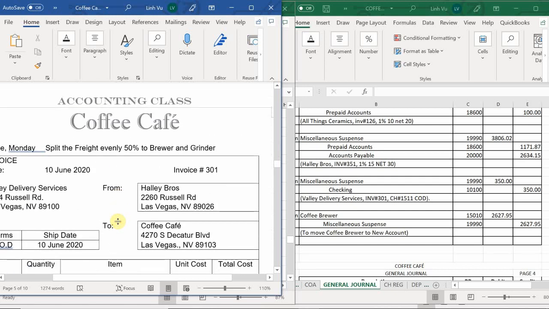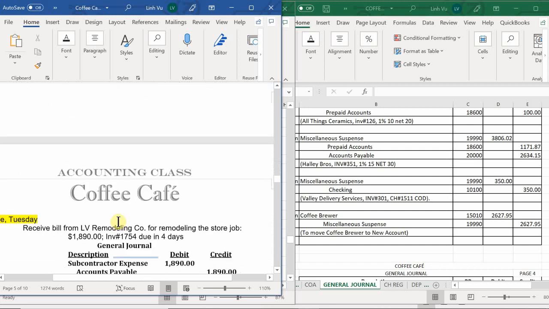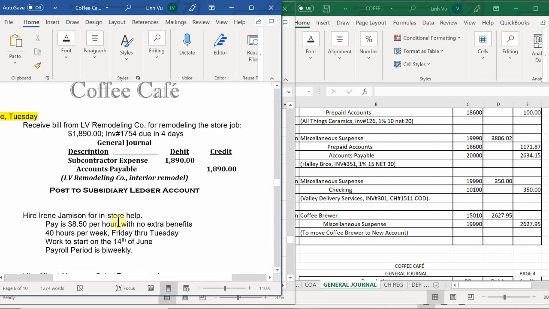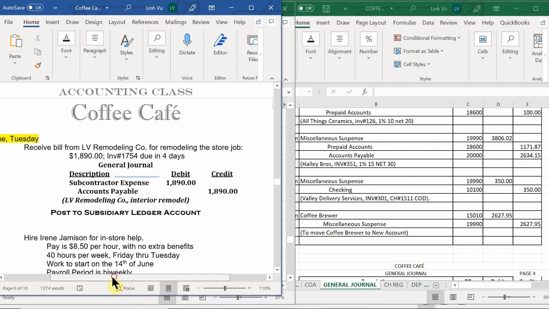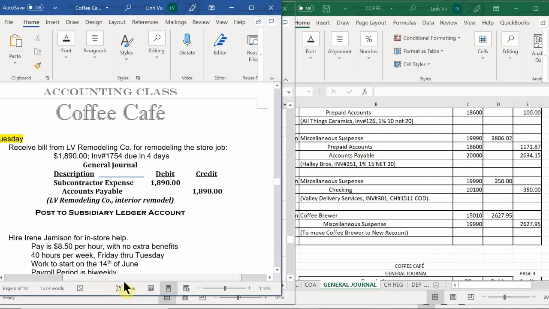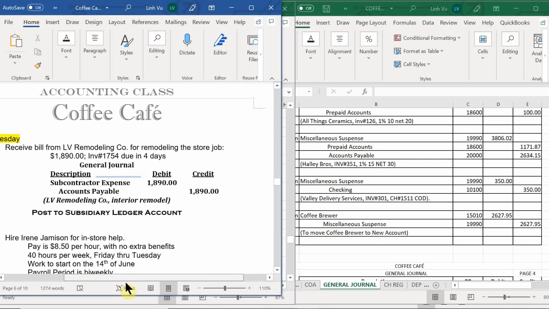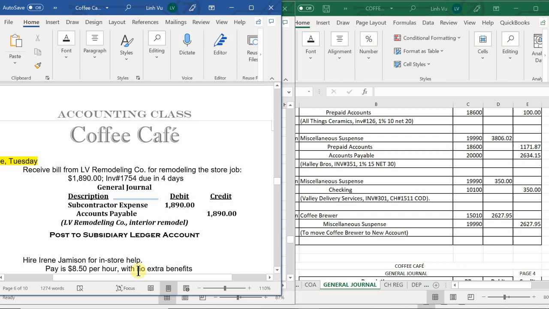Now we have to record that we received a bill from LV Remodeling for 1,890. What did they do? They remodeled the store.